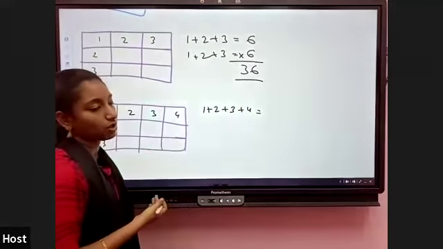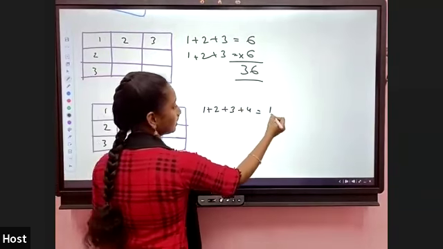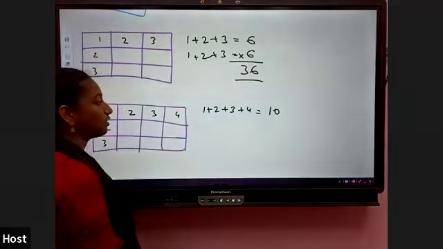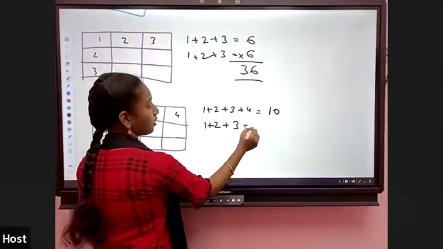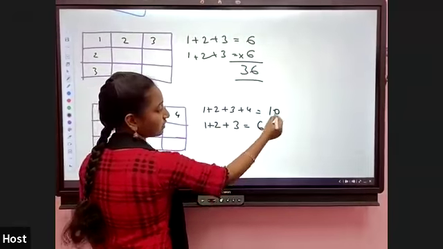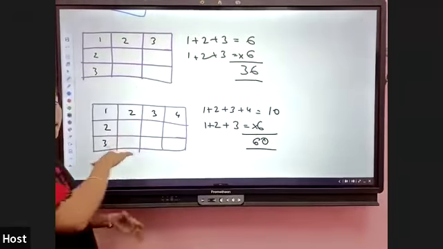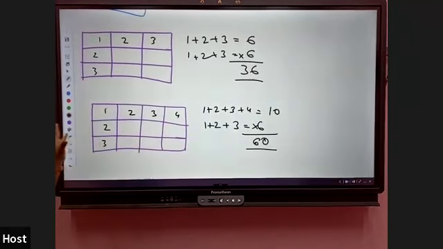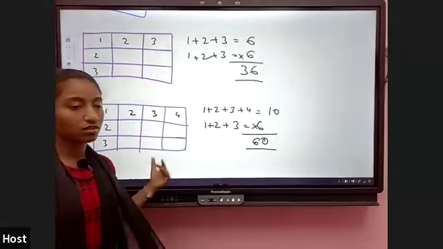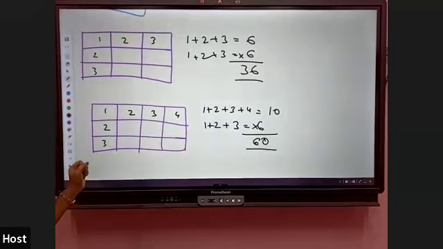First we added the columns: 4 plus 3, 7, 7 plus 2, 9, 9 plus 1, 10. Next, rows: 1 plus 2 plus 3 is 6. So 10 into 6 equal to 60. So in this figure there are 60 rectangles. When you count also, the 60 rectangles will come in the given figure.